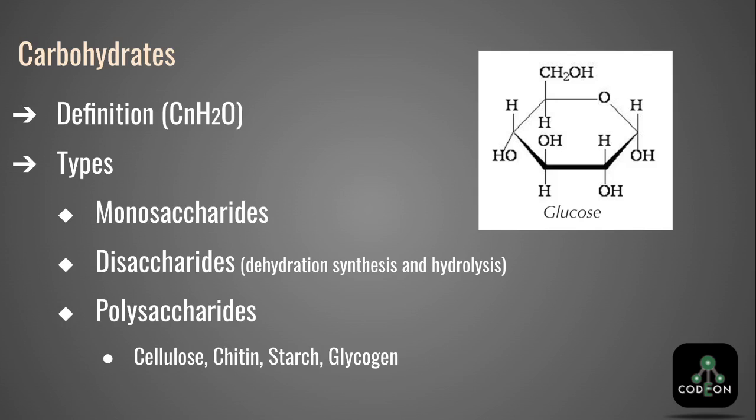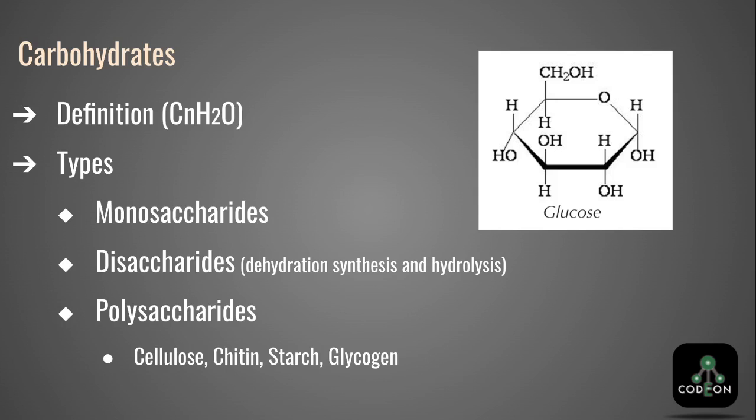Now, the last type is also very important because they're going to be polymers that are crucial to supplying life and structure and energy to a lot of organisms. And these are polysaccharides. So polysaccharides are basically polymers of monosaccharides that are formed by condensation reactions.